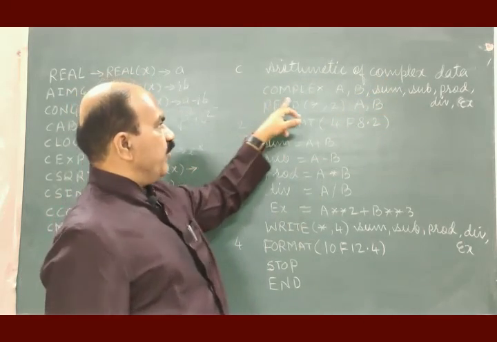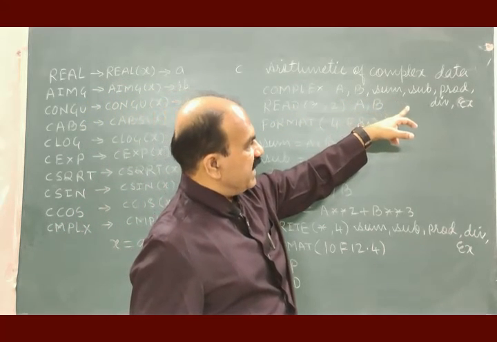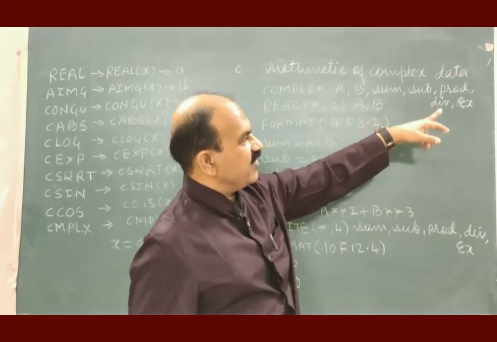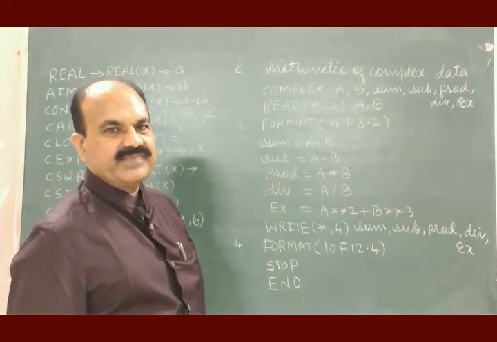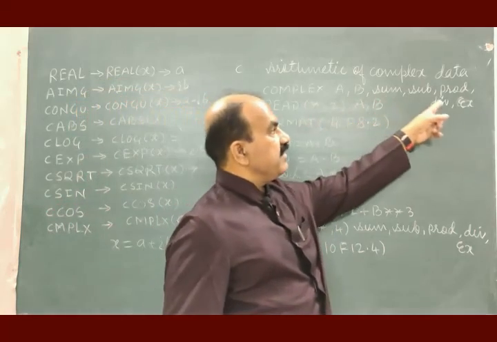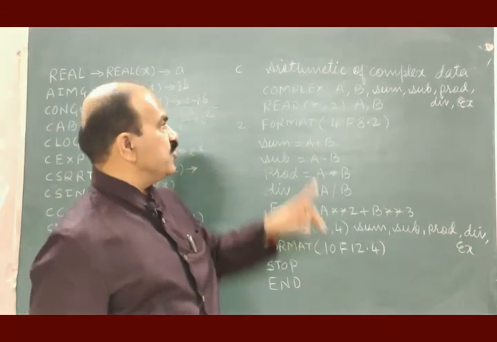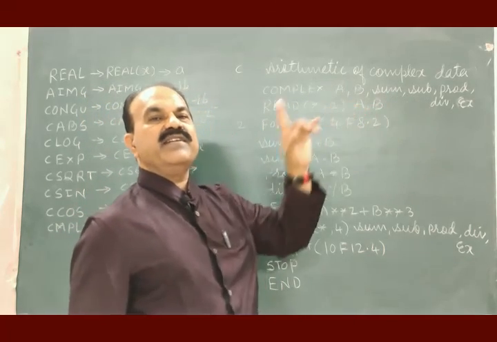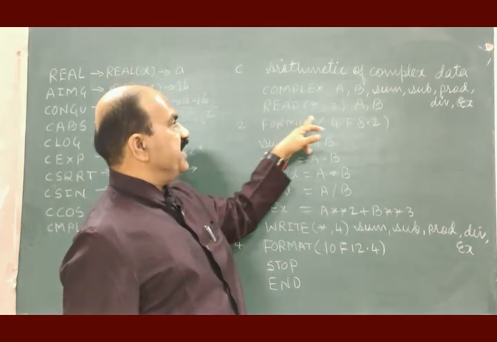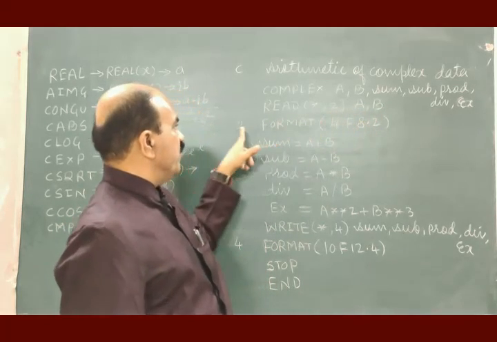Then complex A, B, sum, subtraction, product, division, exponentiation. All these are complex variables, so complex followed by a list of variables separated by commas. Read variables A and B with format 2. What is format 2?